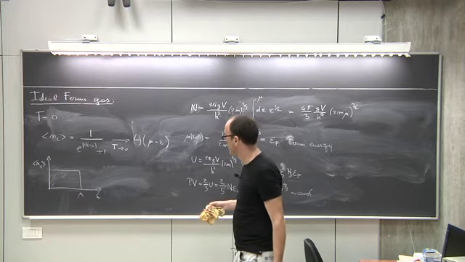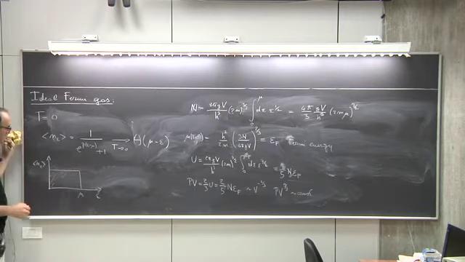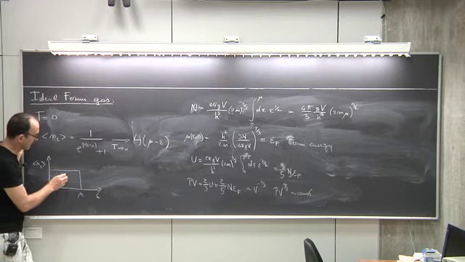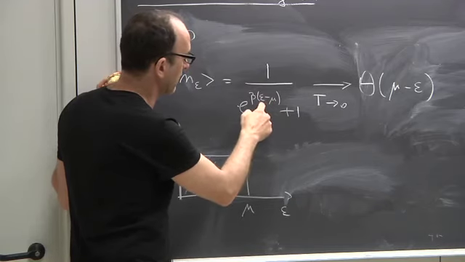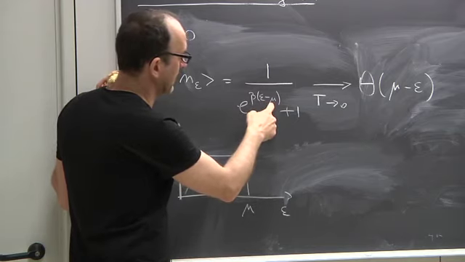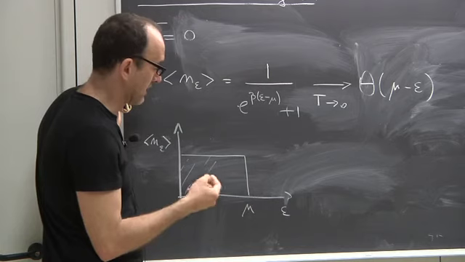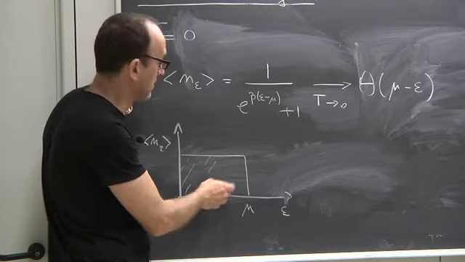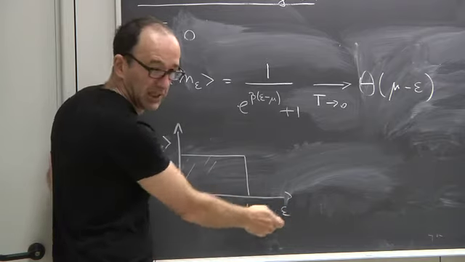At low temperature, if you look at this function for small enough temperature, if epsilon minus mu is much larger than kT, then more or less you will have the same feature, because e to the beta epsilon minus mu will either be very small or very large.